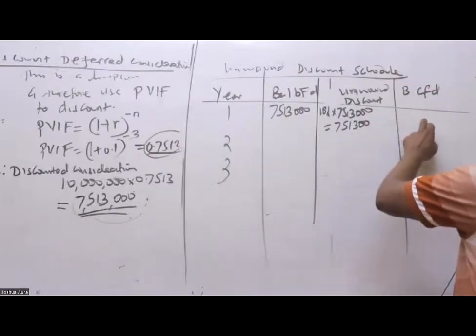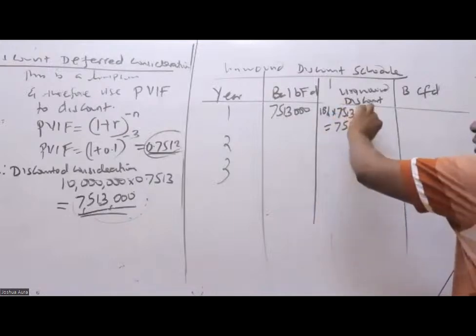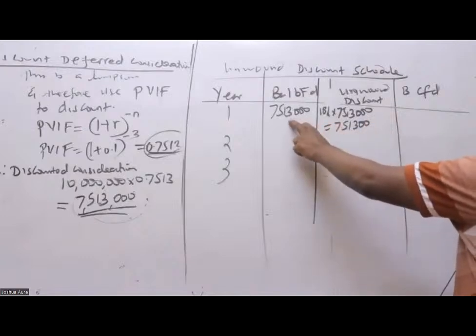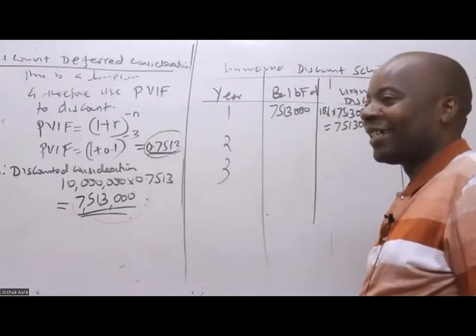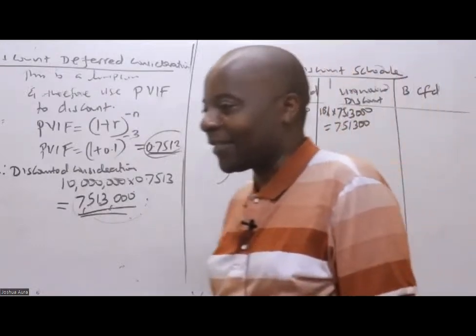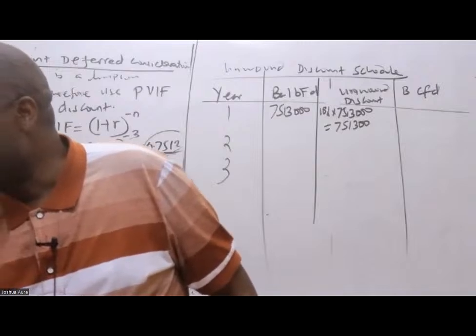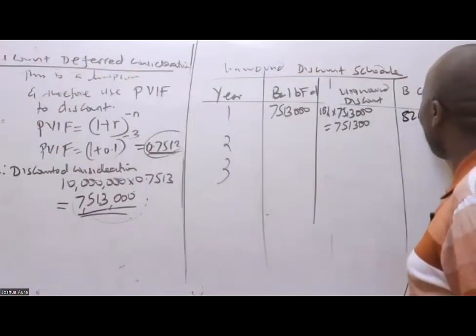Can somebody give me this amount? We take this plus the unwound discount, because now we are reversing the discount. Can somebody give me this plus this before Zoom knocks us out? 8,264,300.